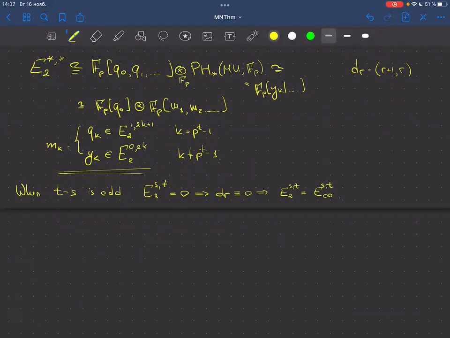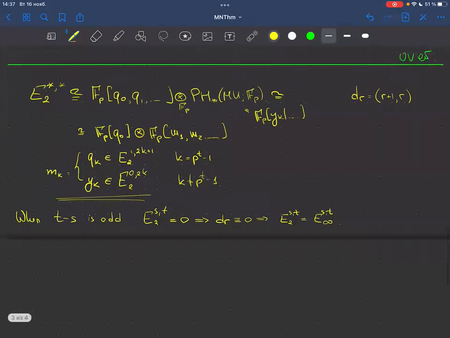So maybe I'll add a picture here for p equals 2, and I'll send these notes by email to all of you. So at the moment we have proved that our spectral sequence collapses at the second page, and now we have only a few things to discuss actually. So now consider Q0.